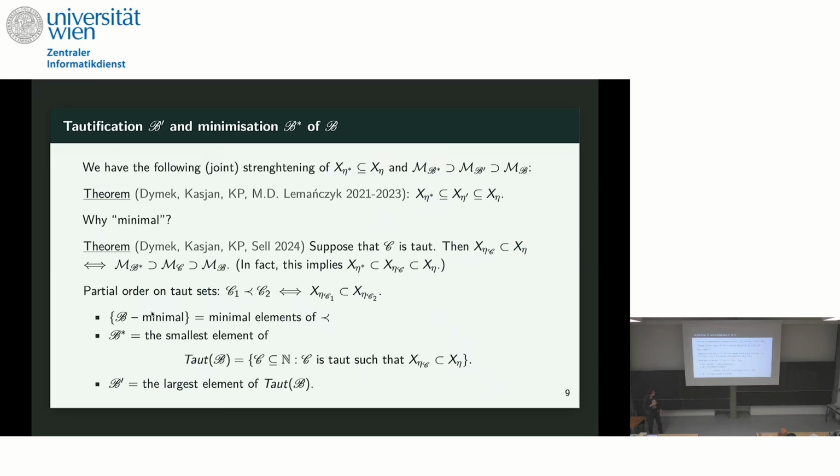C1 is preceding C2 if the corresponding C1-free subshift is a subset of the C2-free subshift. And it turns out that minimal sets are precisely the minimal elements of this partial order, and B star and B prime are the smallest and the largest elements in the set of all taut sets such that the C-free subshift is sitting in our subshift. So I think this is justified well enough so that I can say that these B's are minimal, even if in the beginning it seemed random.